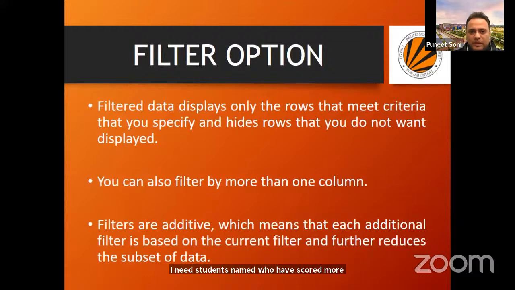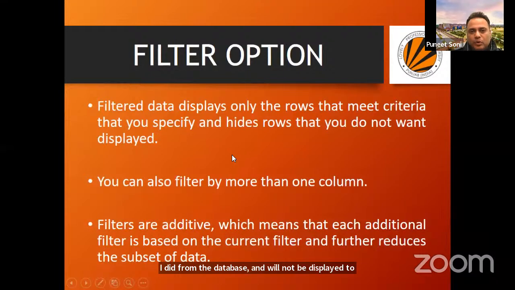While applying the criteria, the total list is of 50 students and 20 students have scored more than 80% of marks. So when I apply the filter, the rest of the 30 rows will be hidden from the database and will not be displayed. We'll see it in the further part of our presentation.